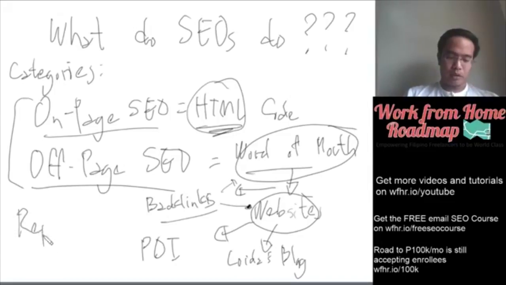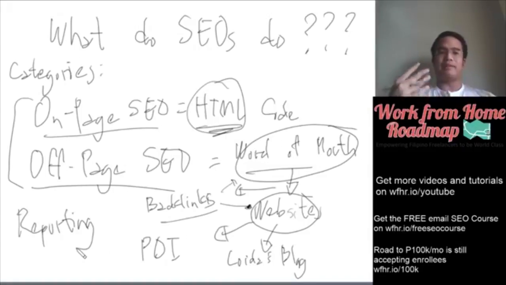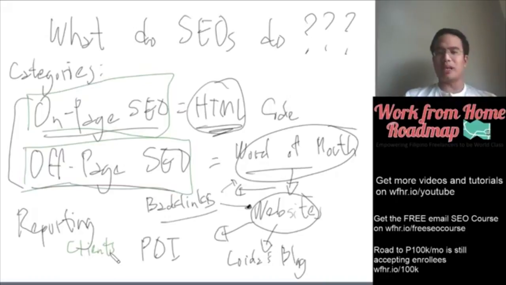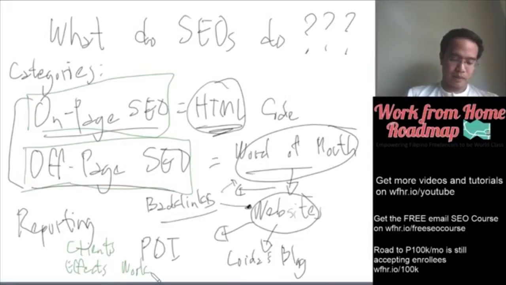Another big part, though, of what SEOs do is reporting. Reporting is very, very important. As an SEO, I've done SEO in the past. Most of my work was actually doing the reporting. I would do things like on-page SEO, I would do off-page SEO, but if the clients didn't know what I was doing, if they didn't see the effects of my work, then the clients wouldn't be happy.